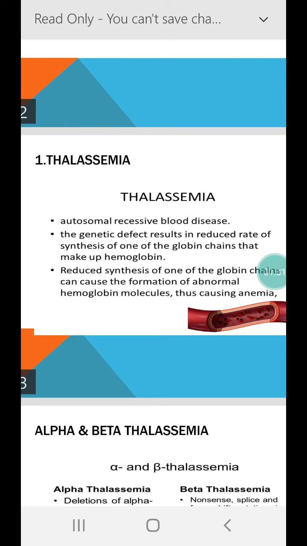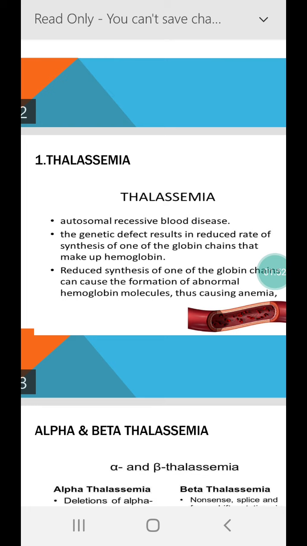So basically thalassemia is a group of autosomal recessive disorders characterized by decreased synthesis of either the alpha or beta chain of hemoglobin, that is HbA, which is normal.